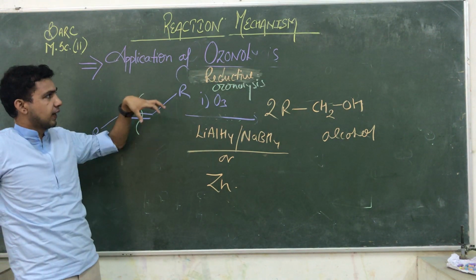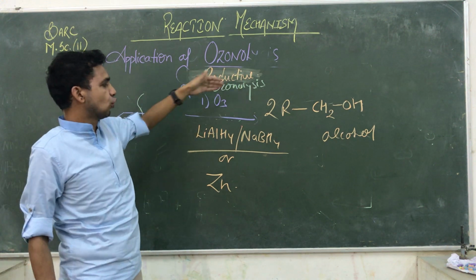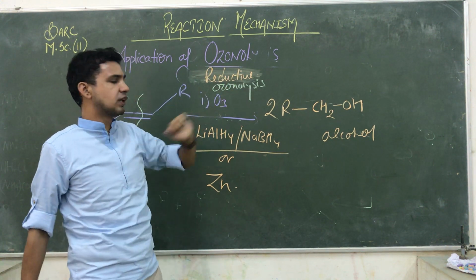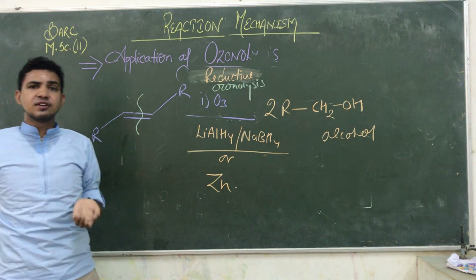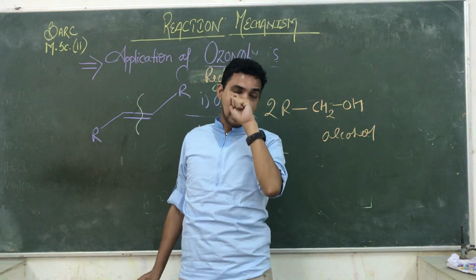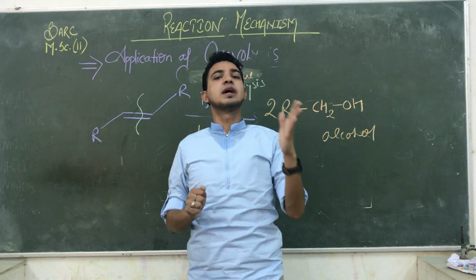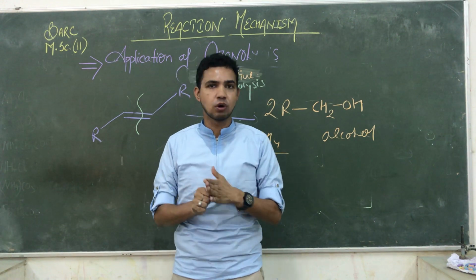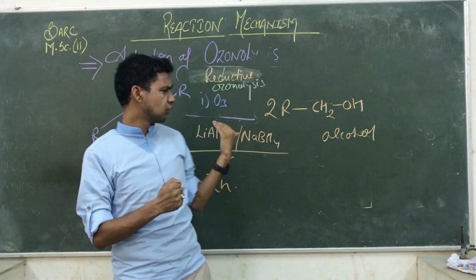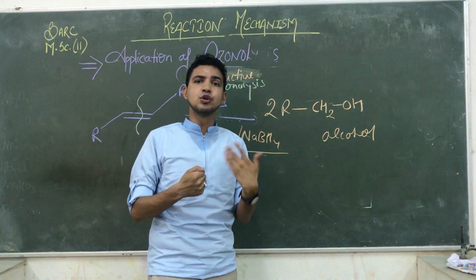So this is a different way to conduct ozonolysis, but the product depends totally on the nature of the given reagents. If the reagent is dimethyl sulfide or zinc, that is a reductive ozonolysis, and at that time it gives you an aldehyde. If the reaction takes place in the presence of other reagents like peroxide and water, it gives you acids.